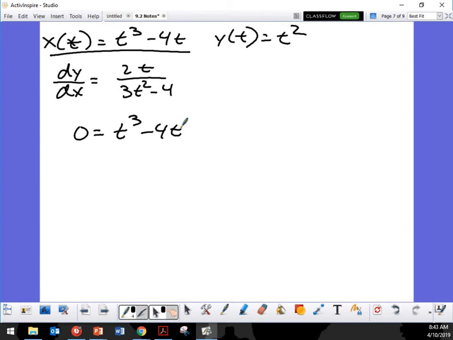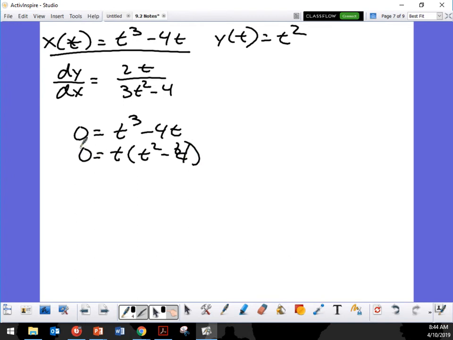So I'm going to factor out a t, and I get t squared minus 4. Sorry, I was getting ahead of myself.